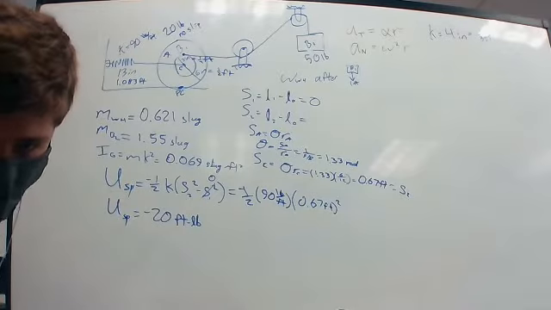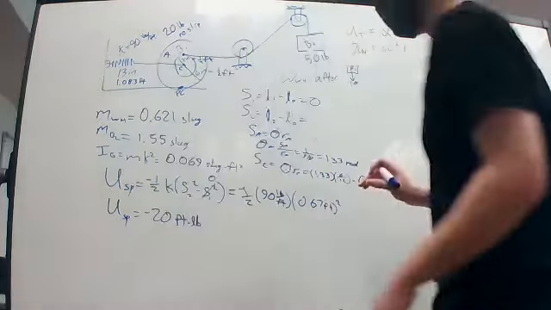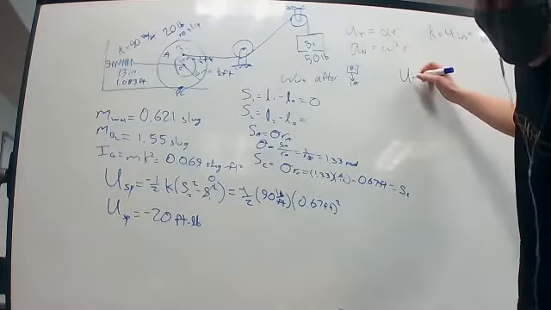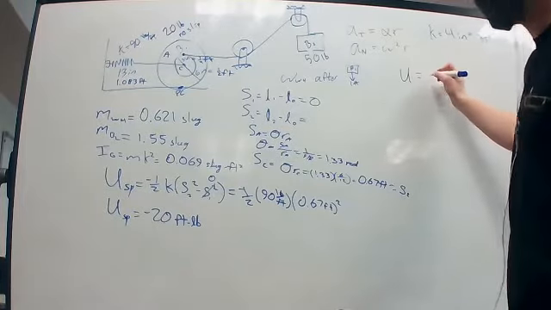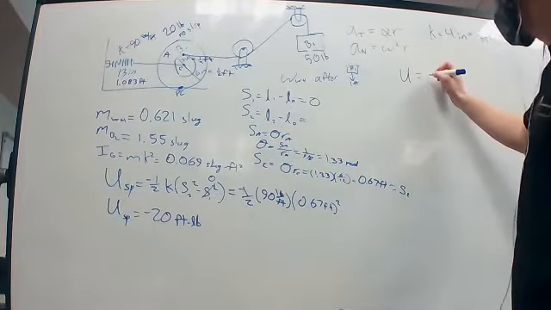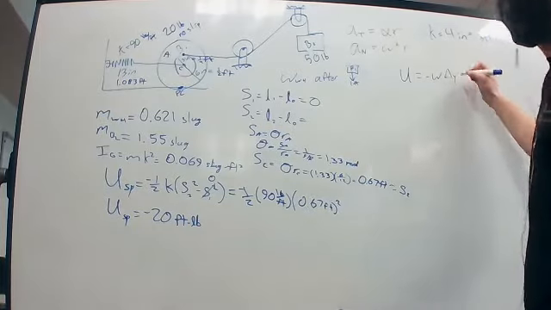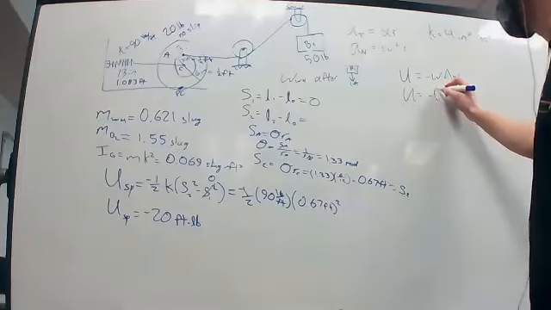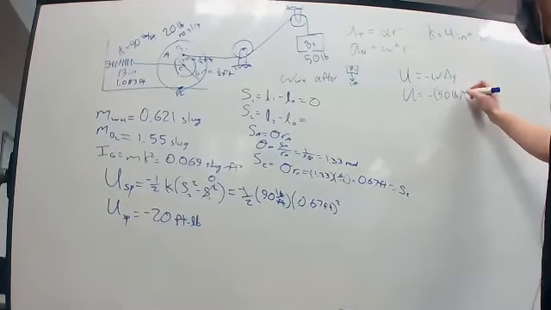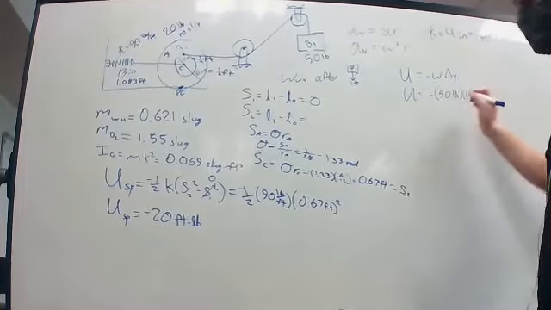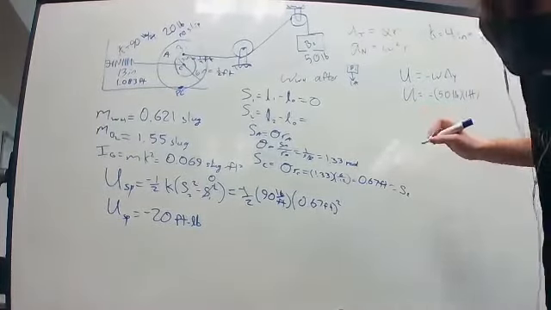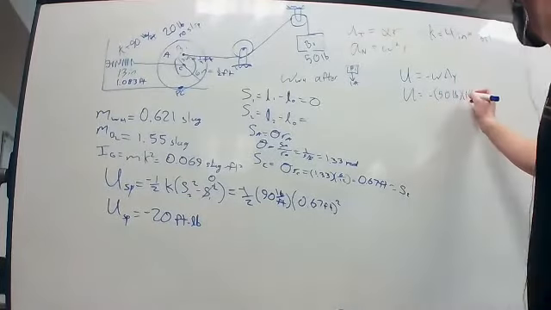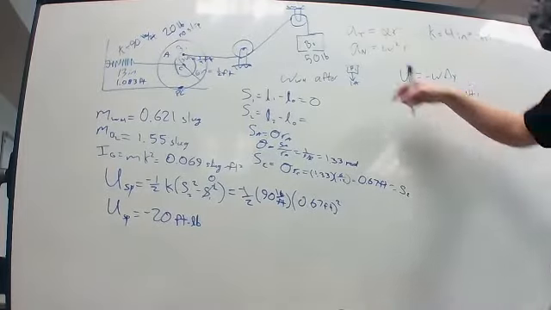So we can go to the block, and we can say that for the block, we're going to have another U equation, which is equal to minus the weight times delta Y. So that's going to give us U is equal to minus 50 times 1 foot. Sorry, that should be times minus 1 foot because it's moving downwards.